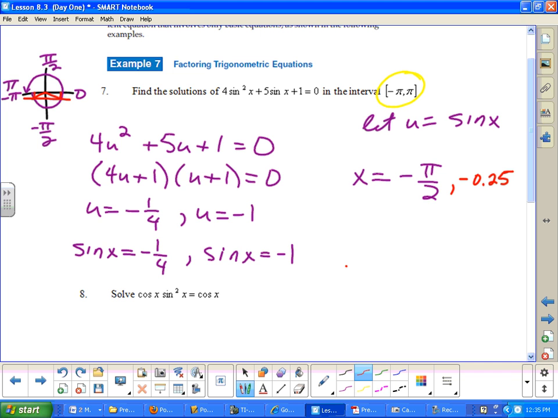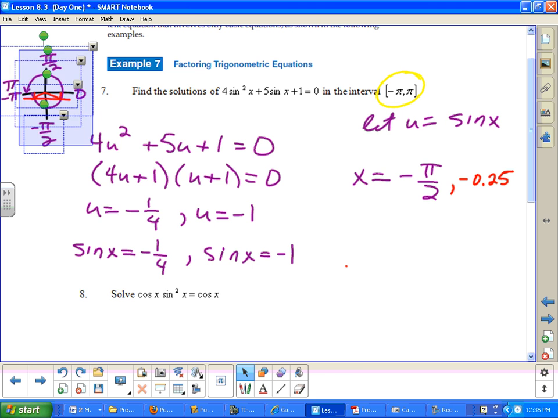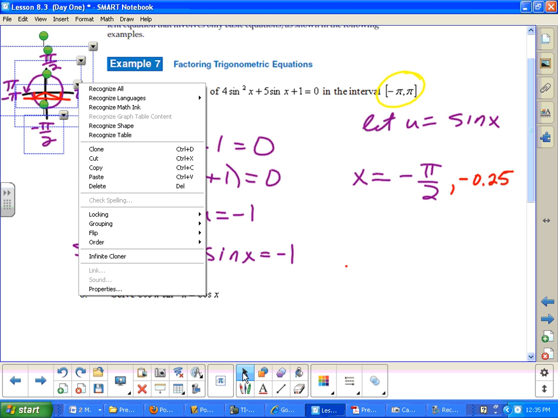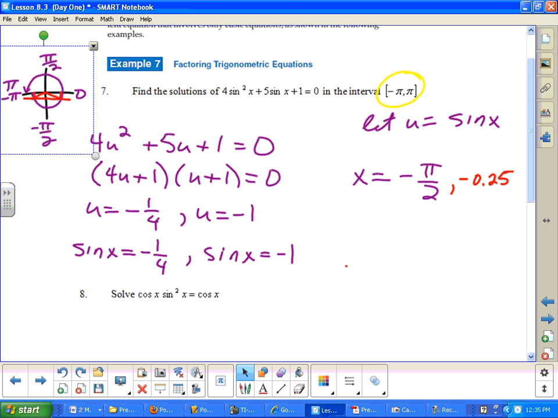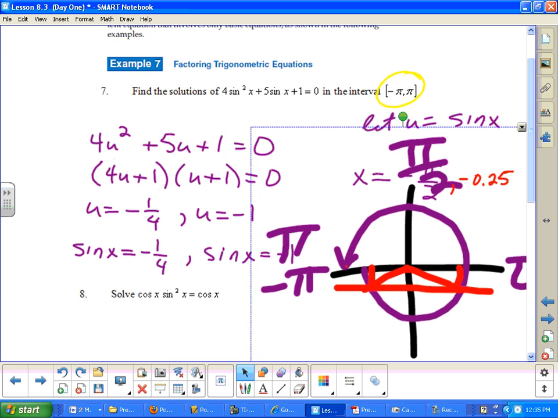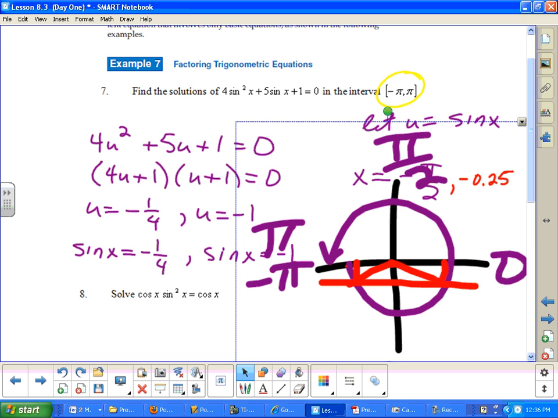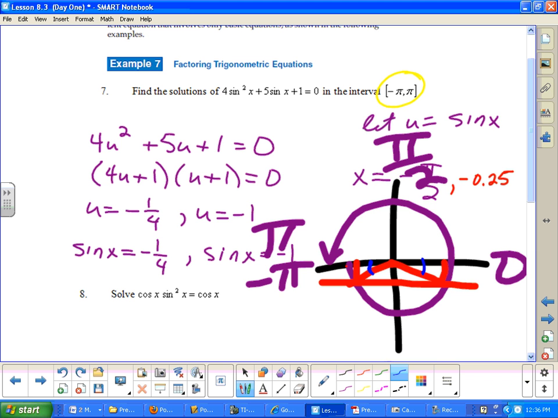And that tells me then that this angle right here is 0.25 radians. Well, that means that this angle right here is 0.25 radians also. So how do I find that when we're talking about going from negative pi to pi?